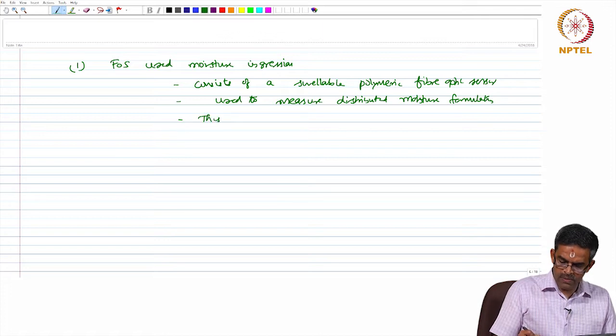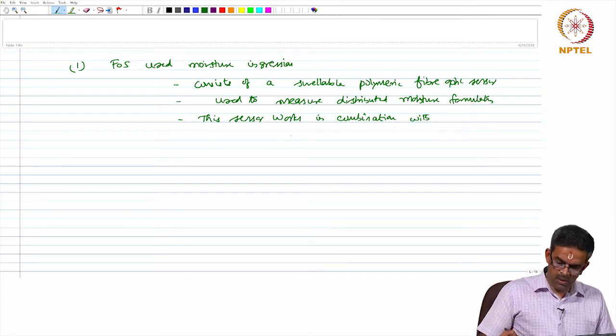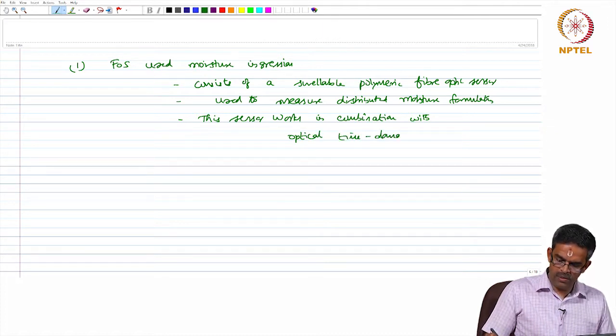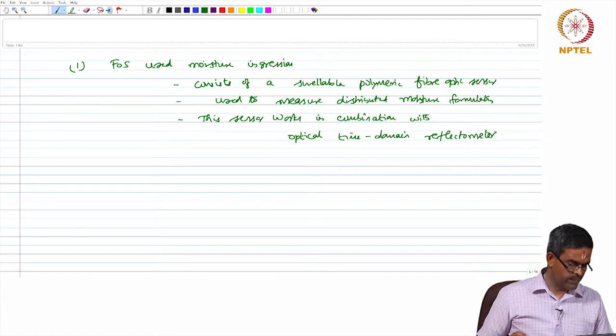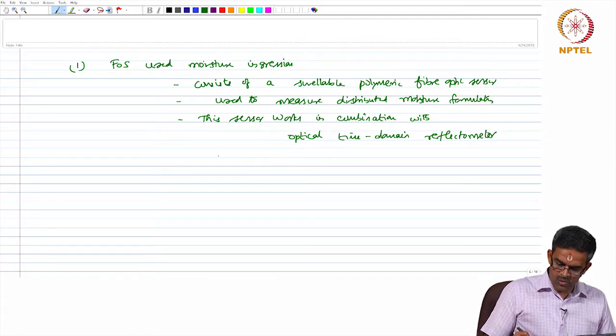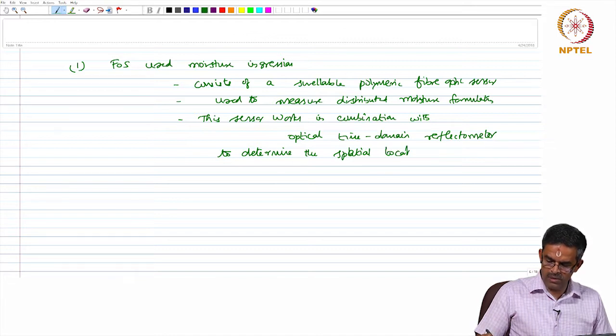This sensor works in combination with optical time domain reflectometer to determine the spatial location of moisture ingression.